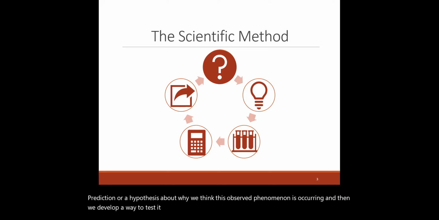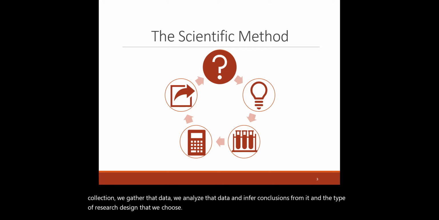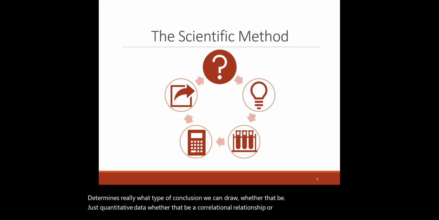So picking out a research design and methods of data collection, we gather that data, we analyze that data, and infer conclusions from it. And the type of research design that we choose determines really what type of conclusion we can draw, whether that be just quantitative data, whether that be a correlational relationship or a causal relationship.